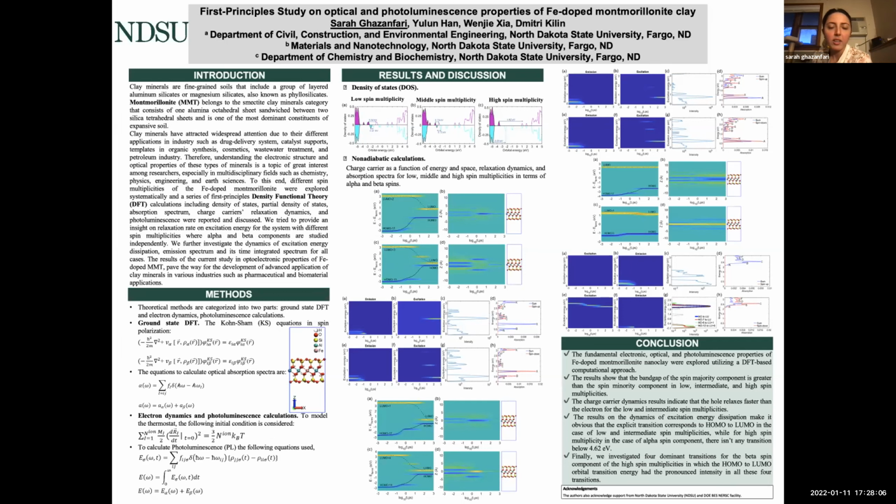And actually the photoluminescence and the optical properties of these materials are studied very poorly. I haven't found any paper that studied the optical and photoluminescence properties of this type of iron-doped montmorillonite. So maybe we are the first people who studied this type of property. I'm not sure.